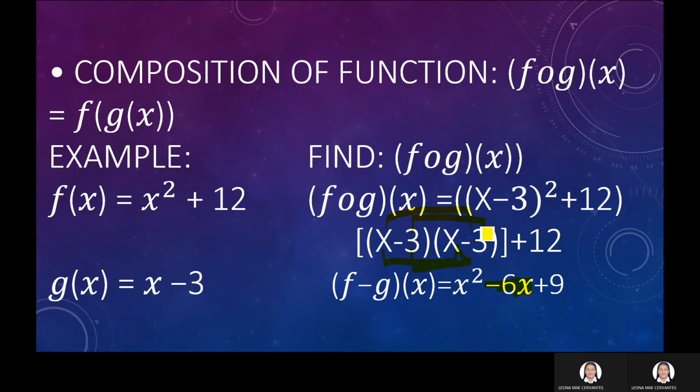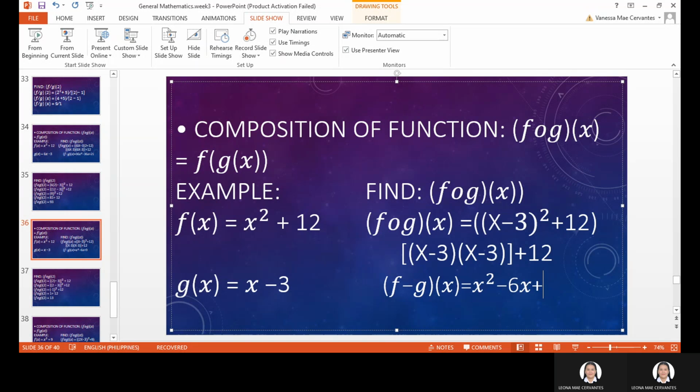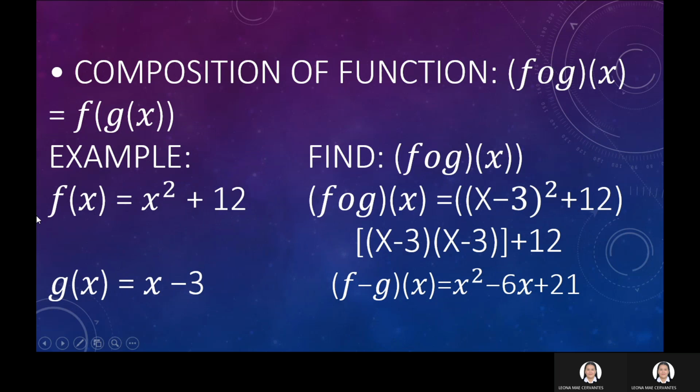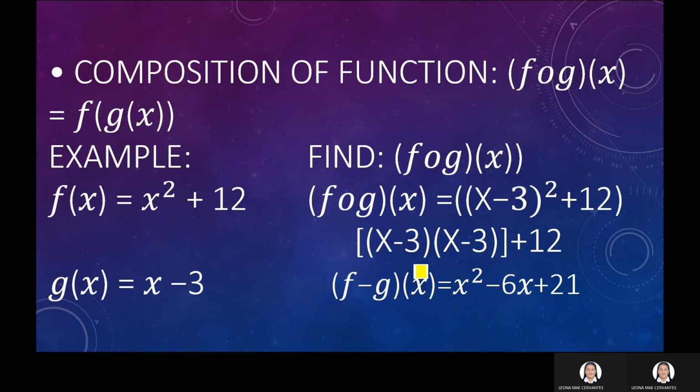Then positive 12 plus positive 9 is equal to, okay, sorry again. x minus 3 and x minus 3.